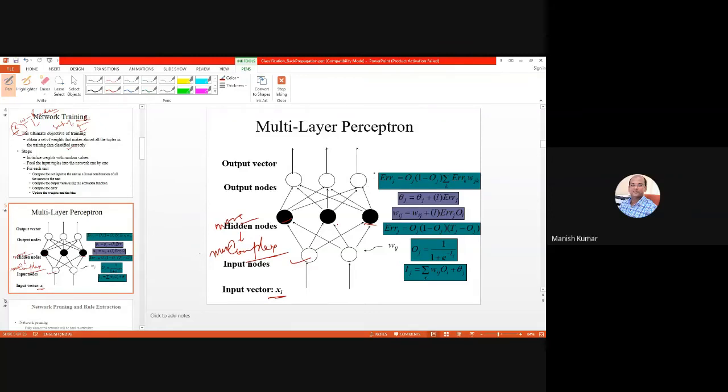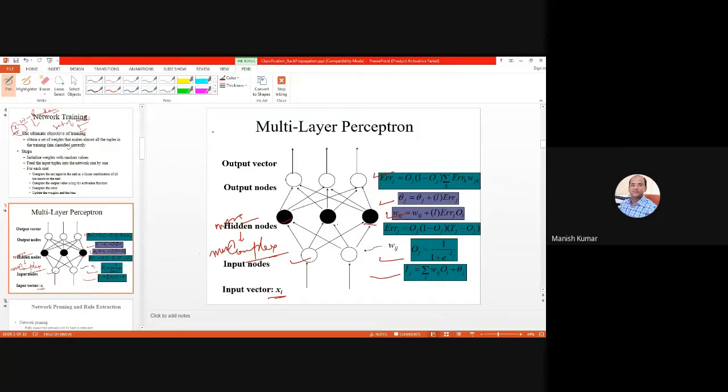The error formula is this, then weight, then input and all. So you operate the entire multi-layer perceptron based on these formulas, and you optimize the weights so that the input samples can be classified correctly.